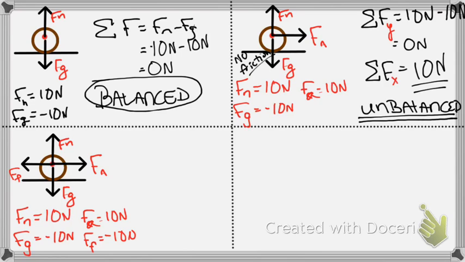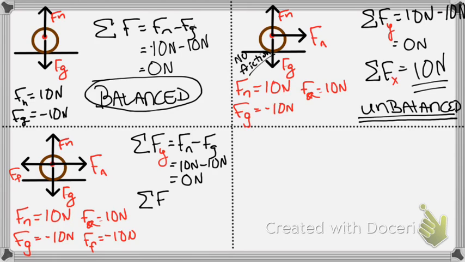We're going to take the sum of the forces in the y direction. All we have in the y direction is our normal force going up and our force of gravity going down. 10 newtons minus 10 newtons equals 0 newtons. Same thing. See what happens with our x.